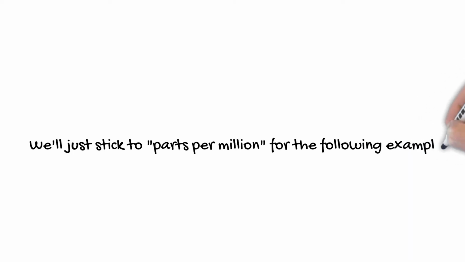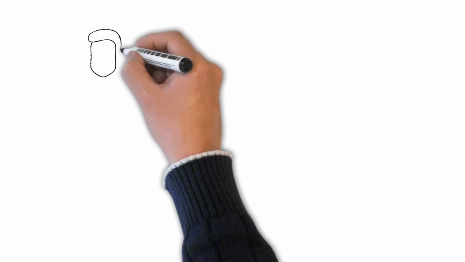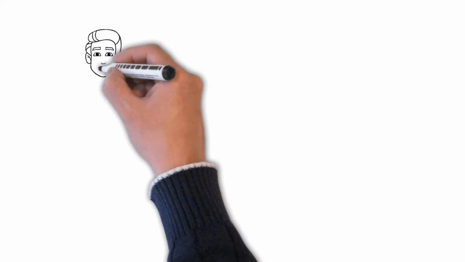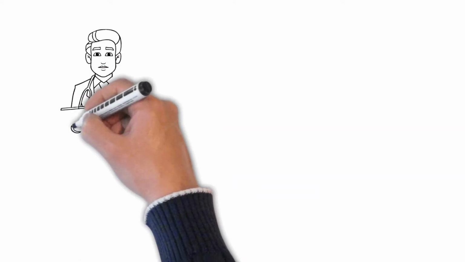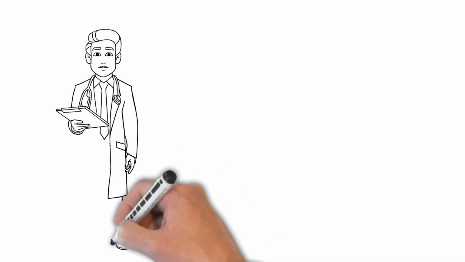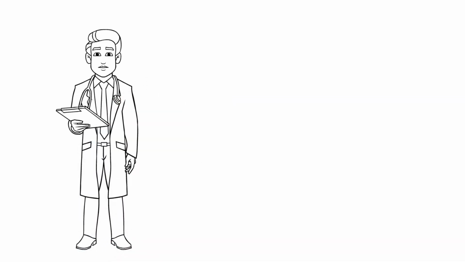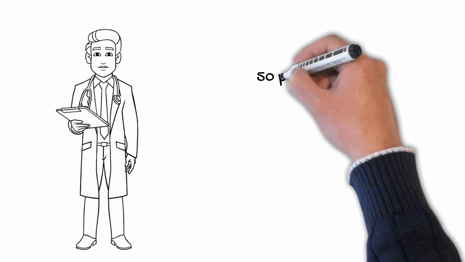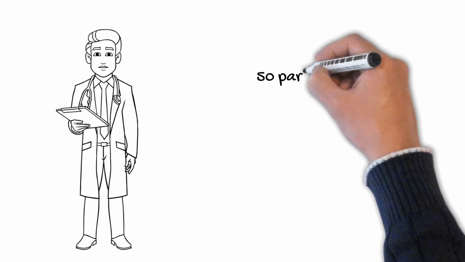So we'll suppose that you get a concentration of a drug, and I'll use just a fictitious, hypothetical number. We'll say 50 parts per million. And the 50 parts per million is going to have some effect on your system.